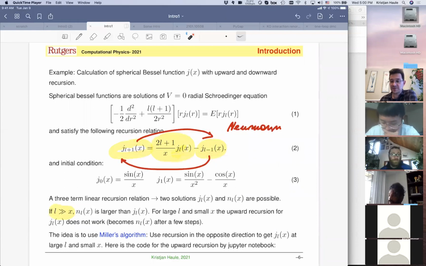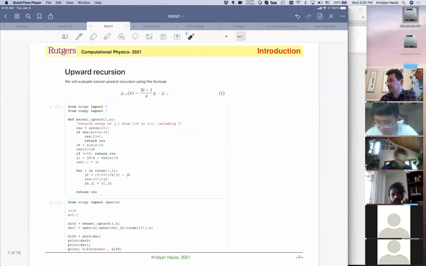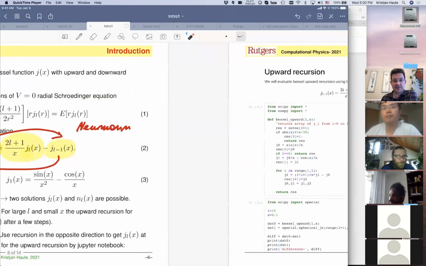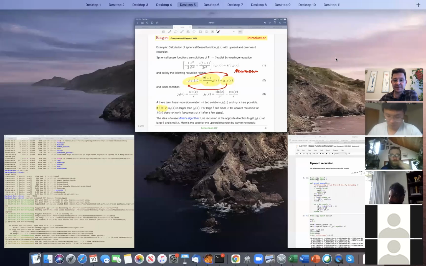But we need to have two in order to calculate the third one. And we also know the initial conditions, J0 and J1, and therefore it looks pretty trivial to calculate J for any L. And that's exactly what we're going to do, so-called upward recursion. We're going to calculate JL from J0 and J1 for arbitrary X and arbitrary L.